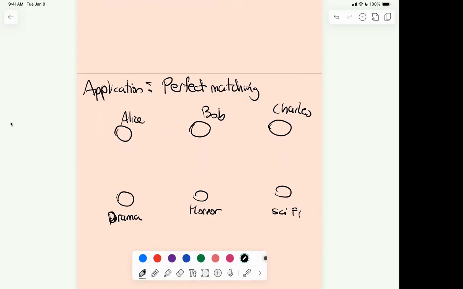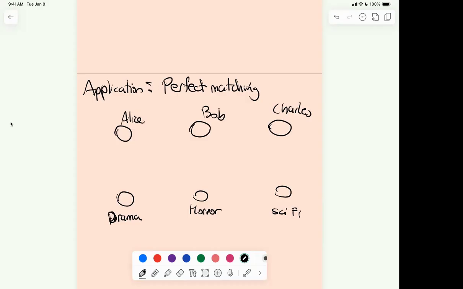So there are three people and three movies. It could also be 10 cities and 10 trucks, if you thought about it like a network where you have to decide which truck will transport products to a particular city.